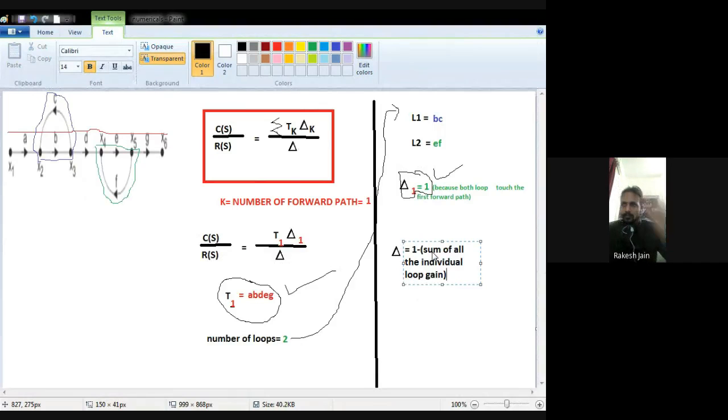Once I write down the formula, then I will show you. Plus the sum of products of two non-touching loops.